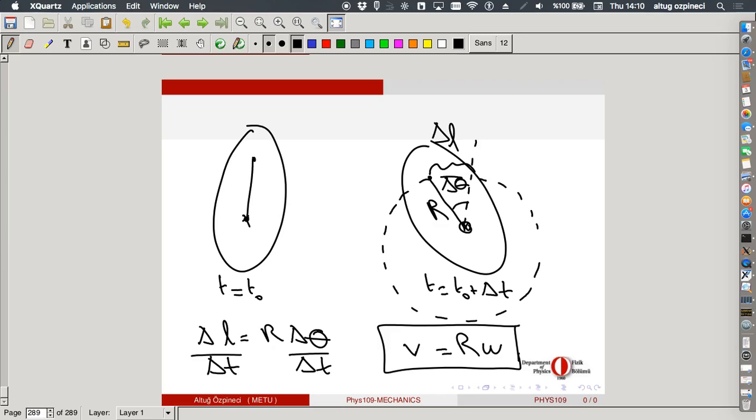But the linear velocity of the point that is further away from the axis is larger because of this dependence on the distance from the rotation axis. This r over here is the distance from the rotation axis. And if I take this one, my rotation axis is fixed. So this point is rotating faster than the point over here. And in fact, the origin, where r is equal to 0, doesn't have any linear velocity.